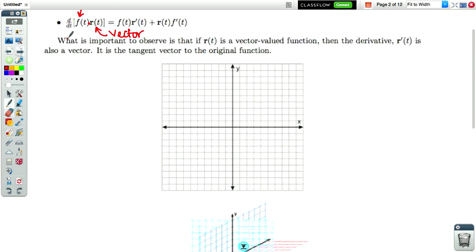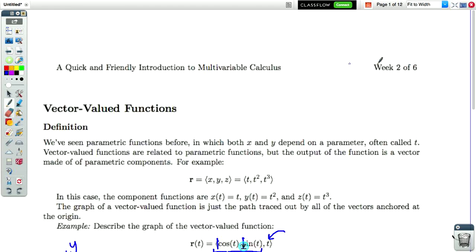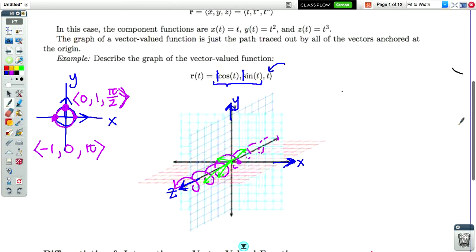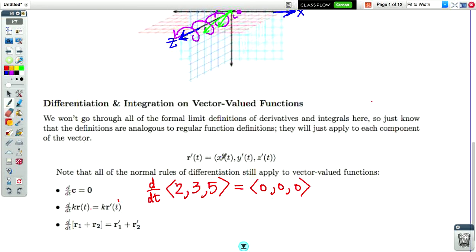Now, one thing that is important for us to observe here is the derivative of a vector valued function gives us a vector, which I guess we kind of saw just a second ago. When you differentiate a vector valued function, you're just differentiating component-wise. So the derivative of a vector is itself another vector.